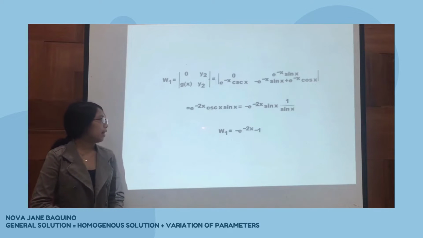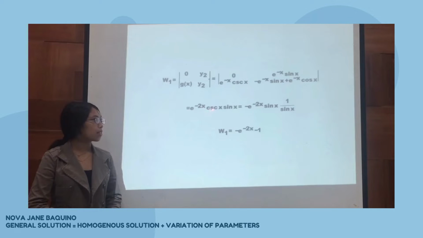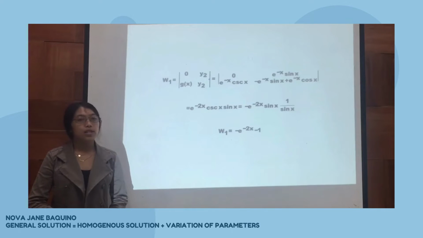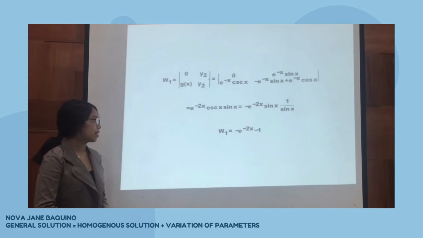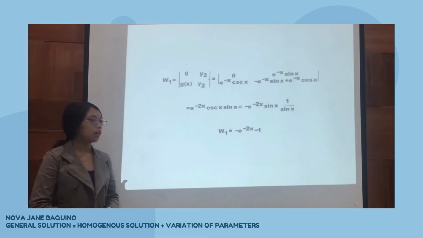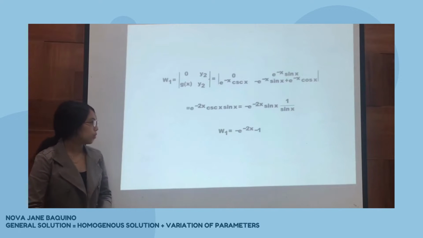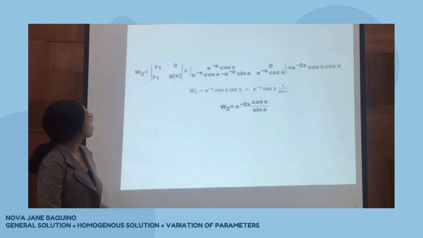So we have e to the negative 2x cosecant x sine x, which is equal to negative e to the negative 2x sine x times 1 over sine x, and we have the value of W sub 1, which is negative e to the negative 2x.